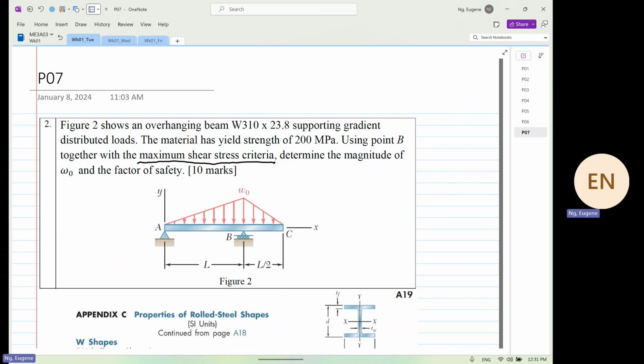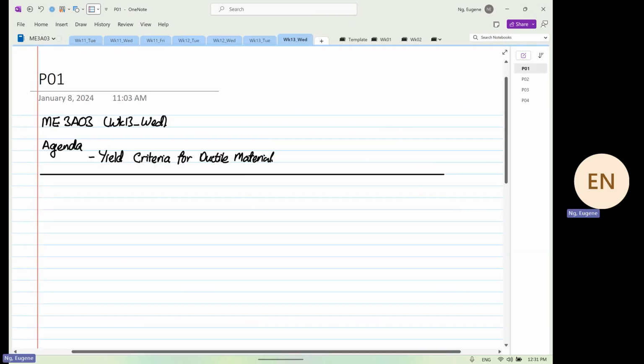Maximum shear stress criteria. I haven't touched on this yet, so I'm going to do this now. We are going to go into what it means to design on the maximum shear stress criteria. So that's what we're trying to do over here.